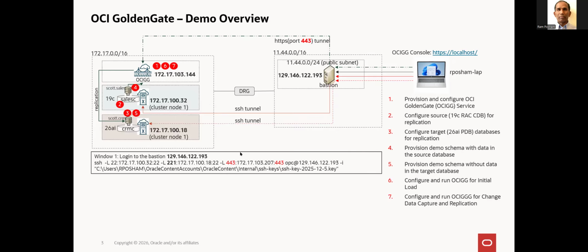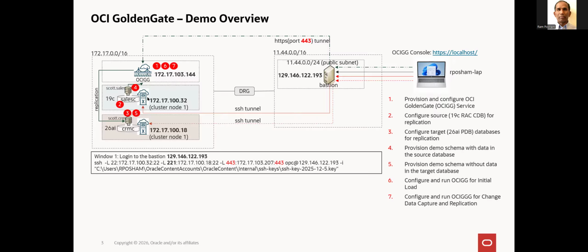And here, this is the command for SSHing to this bastion. By the way, what you see here is the IP address. When you provision the GoldenGate service, you get a private IP address. You just make a note of that. I'm going to give you the scripts for that.